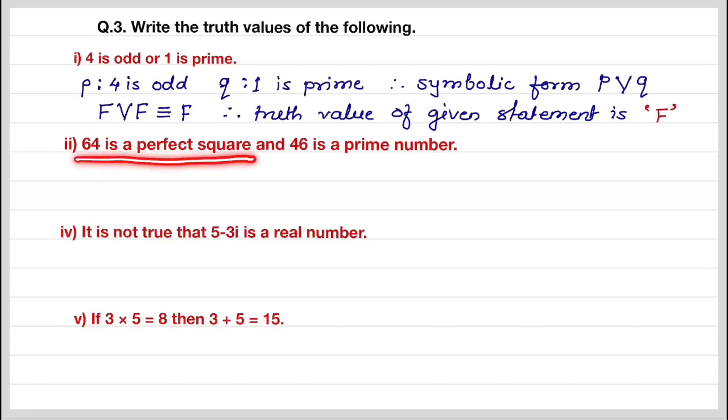Second example, 64 is perfect square and 46 is a prime number. Here logical connective used is and. That means it is conjunction of two statements. First of all, write separate statements. 64 is a perfect square.